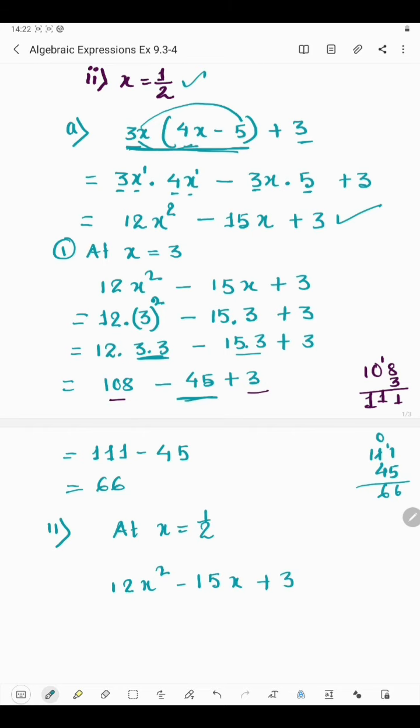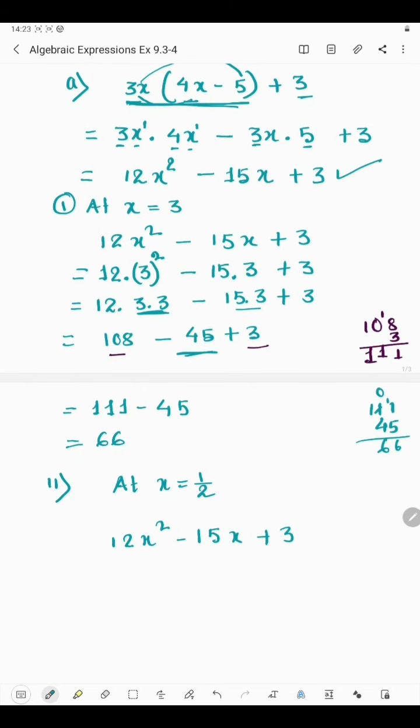We just have to put the value of x, which is 1 by 2. So 12 multiplied by, in place of x we'll write (1 by 2) whole square. Here we have not given any sign, because if you put a bracket after a number, that shows it is multiplied with the first one.